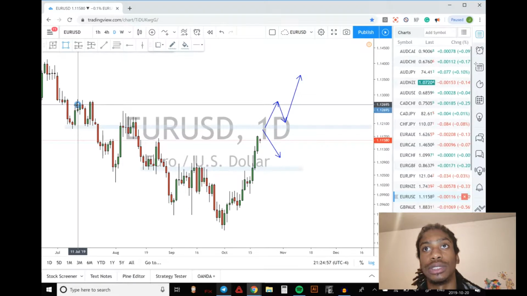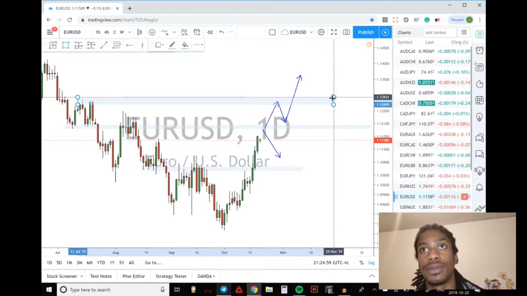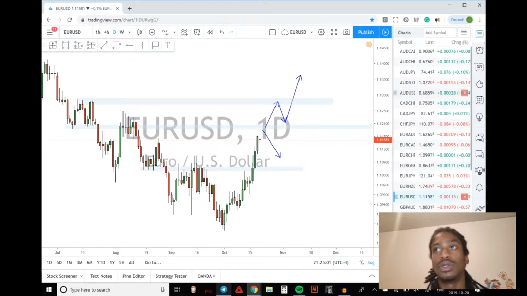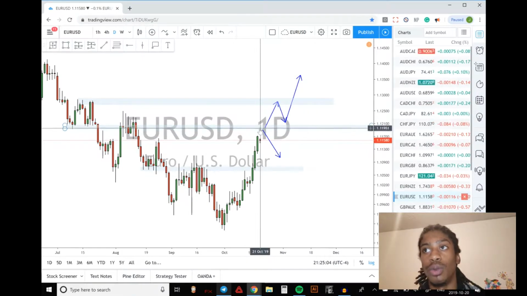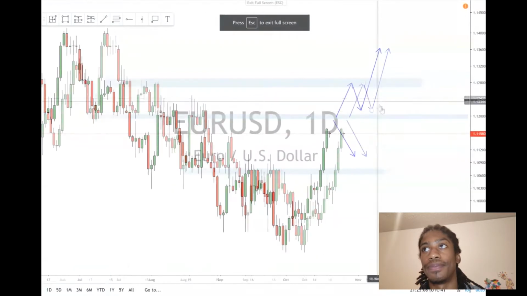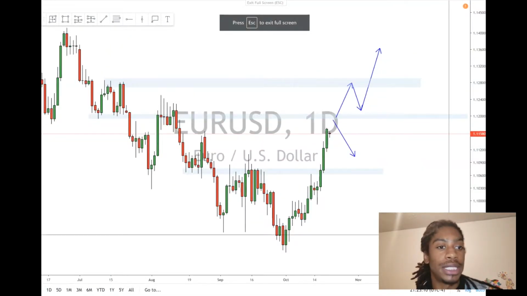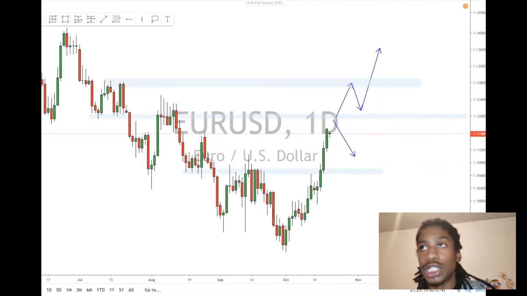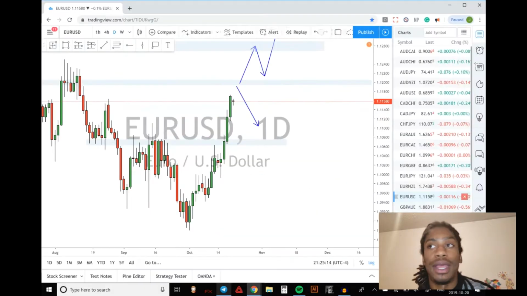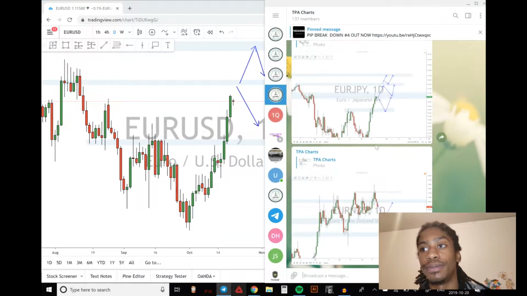This new resistance is right here. So something along the lines of this, but we do need price to get to this resistance where is our first target. And once we hop back in the Telegram, we'll see how we actually went about and analyzed this pair previously.